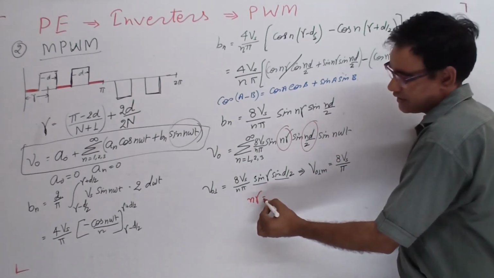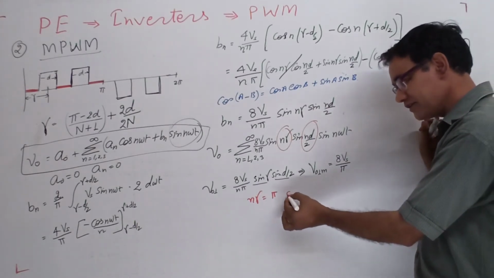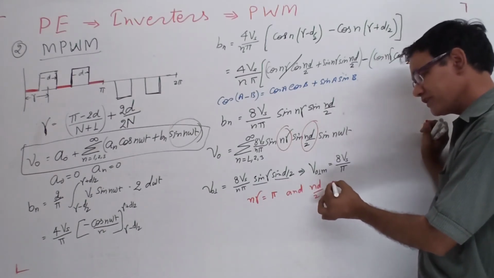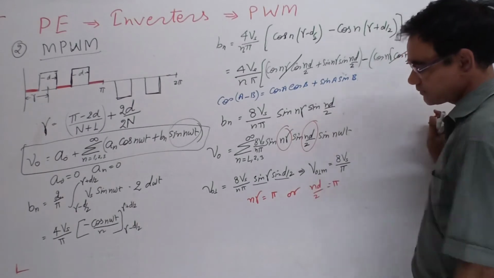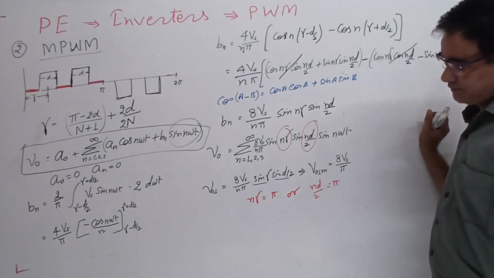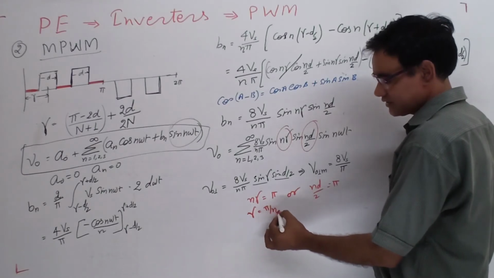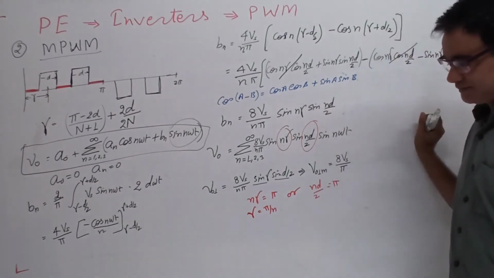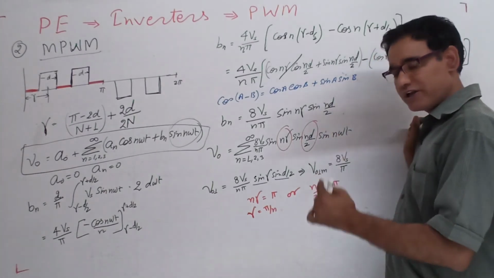If n gamma is equal to pi, you know sine pi is 0, and if n d by 2 is equal to pi, it also gives 0, or both. So putting gamma equal to pi by n, where n is the number of the harmonic we want to eliminate. Suppose we want to eliminate the second harmonic, then it is pi by 2.